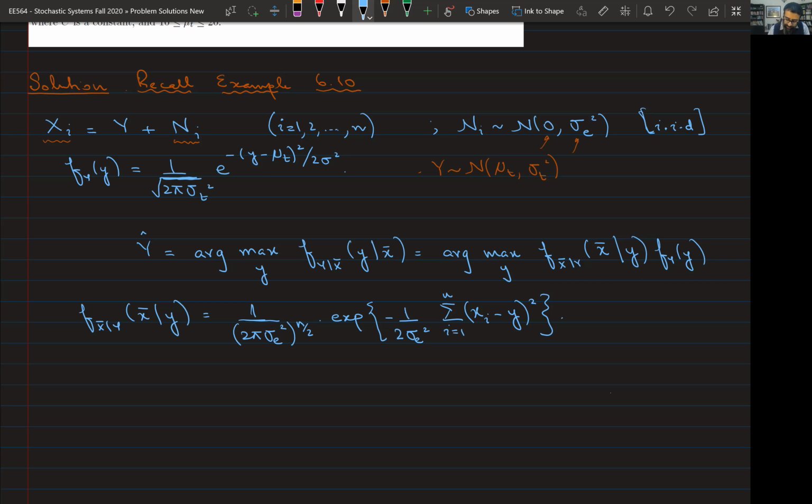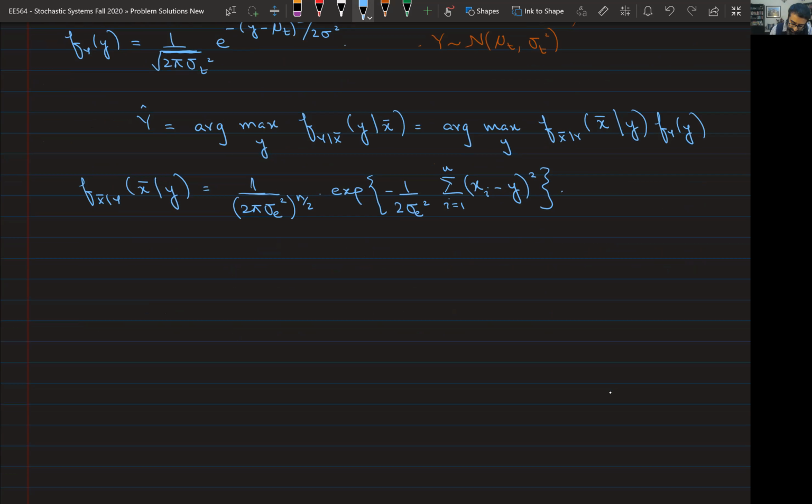Okay, and from here, y hat is going to turn out to be equal to argmax, and you're searching over y from minus infinity to plus infinity. That's what you're searching over as far as this optimization problem is concerned.